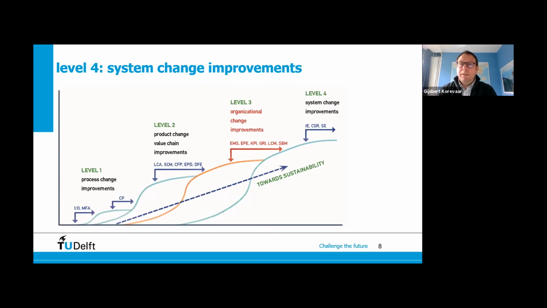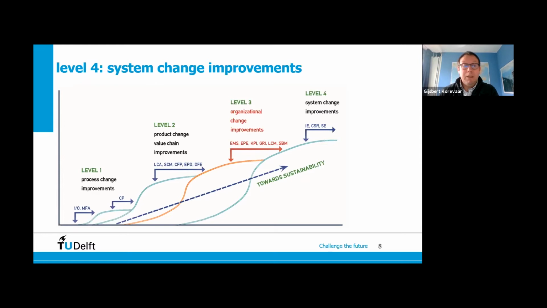And one of those elements is that if we talk about sustainable development, or the transition to a circular economy, then in this kind of wording, development or transition, we talk about what we call system changes. And system changes come in several levels.